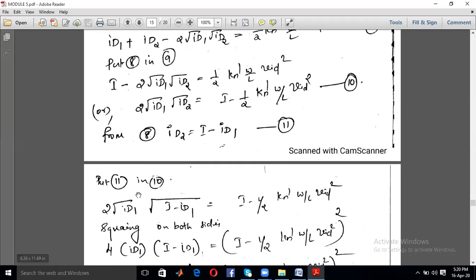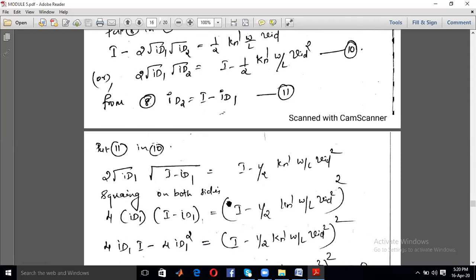Again I have to remove this root term, so I just squared on both sides. Okay, I want to remove the square root term, so I squared on both sides. So the root has been removed by squaring, so it will become ID1. Again this square root has been removed, so it will become I minus ID1 equal to I minus half k n dash W by L V ID square the whole square, because we are squaring both sides by removing the square root.